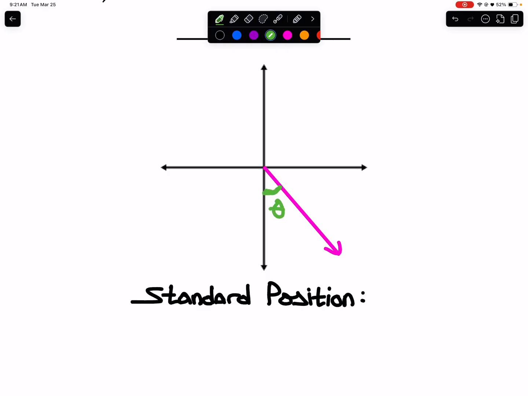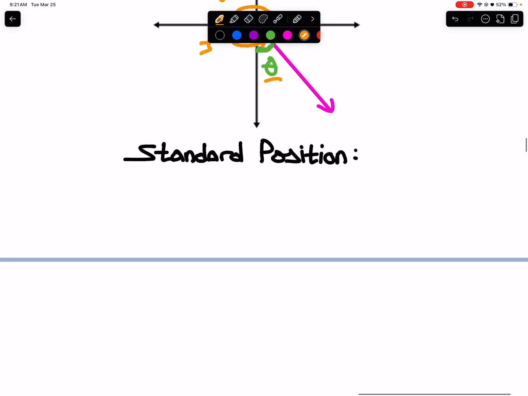So this would be my theta. But then in standard position, I'm going to start at the positive x-axis and go all the way around. Notice how I went through 1, 2, 3 full quadrants, and then I also need to include that theta. So because I went 3 full quadrants and theta, I'm going to do theta plus 270 degrees.